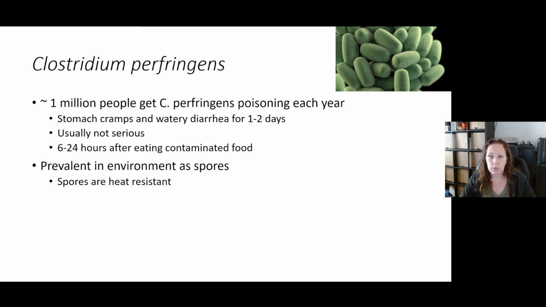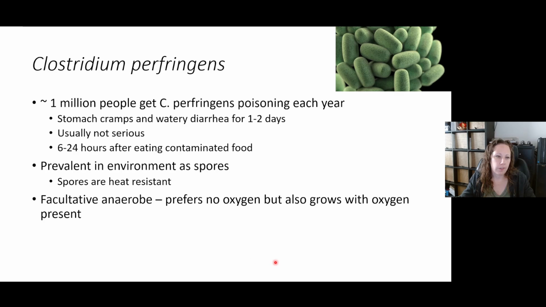Those spores are heat resistant. They can survive cooking. And then if we don't keep the food at a temperature that they don't like, then they can grow. And then when we consume them, that is when we get sick.